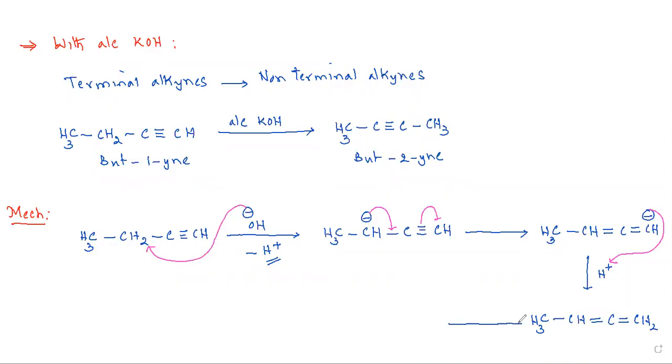Now again repeat the same steps. We'll have to abstract this. Come on. Then we get CH3, C minus, C minus, double bond, then double bond CH.